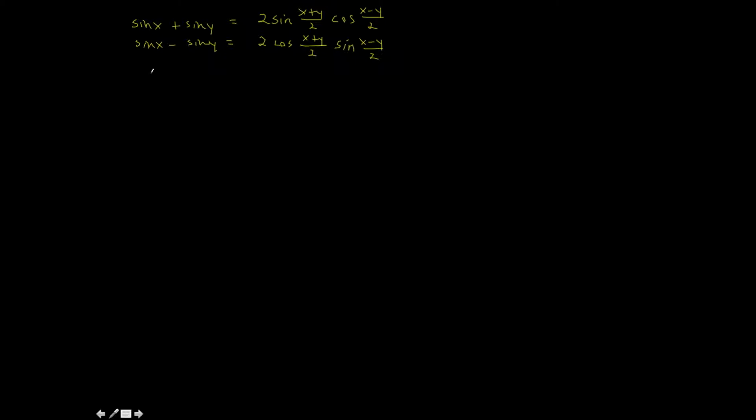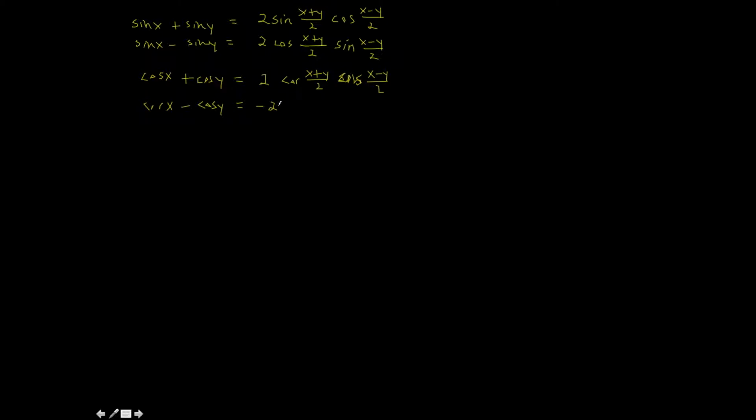But you also have cosine of x plus cosine of y, which is 2 cosine x plus y over 2 cosine x minus y over 2. And then you also have the cosine of x minus the cosine of y, which equals negative 2.